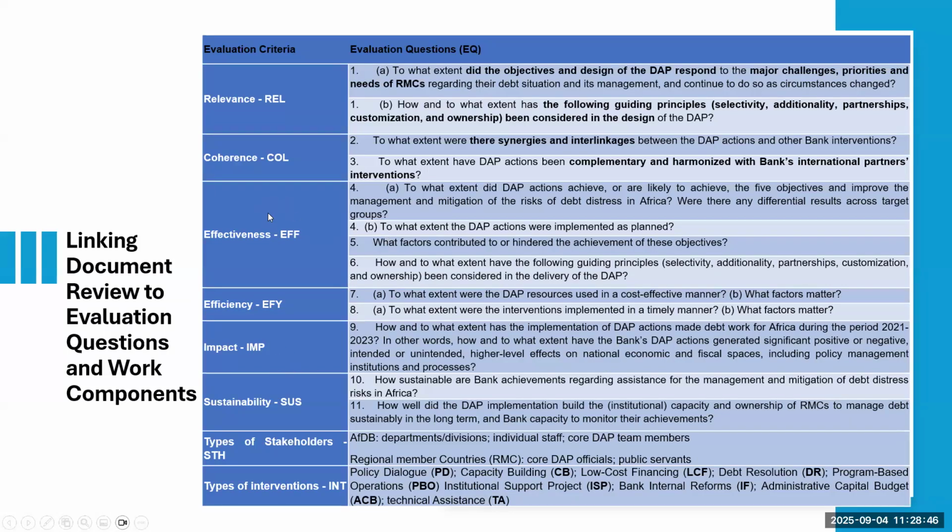You will remember the questions are arranged around the evaluation criteria, six of them: relevance, coherence, effectiveness, efficiency, impact, sustainability. But we've added type of stakeholder and type of intervention for a different reason, which we are going to talk about later.